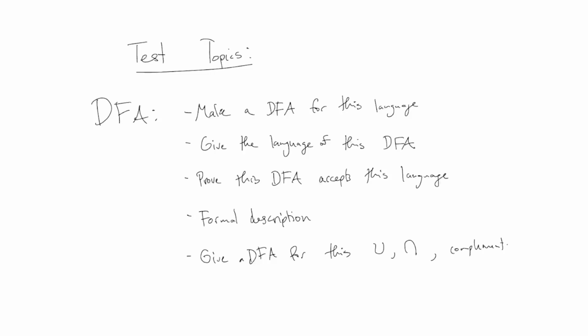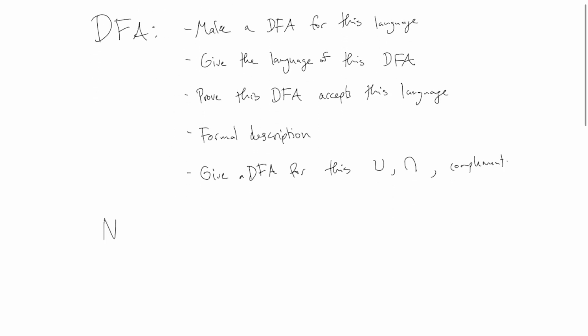And then NFAs. For NFA, basically these first 4 things exactly again. Make an NFA for a particular language, or maybe I show you an NFA and say, what is the language of this NFA? Or maybe prove that this NFA accepts this or that. Those are, in my opinion, slightly harder than the DFA ones, because you have to remember the rule about the delta star, which is weirder.